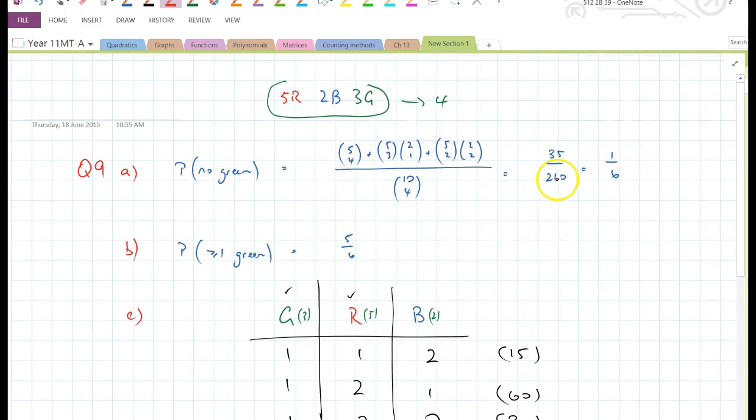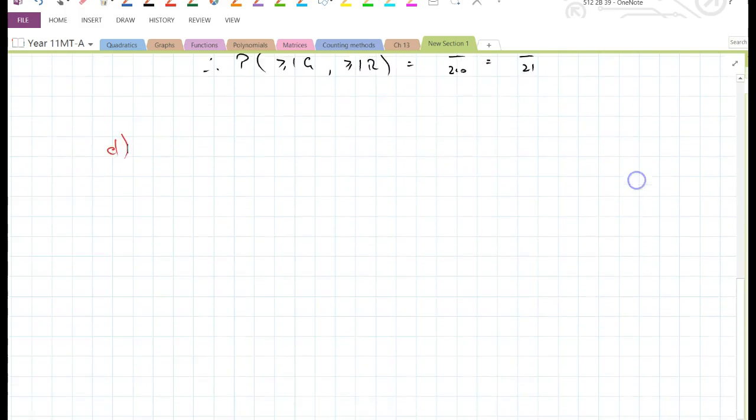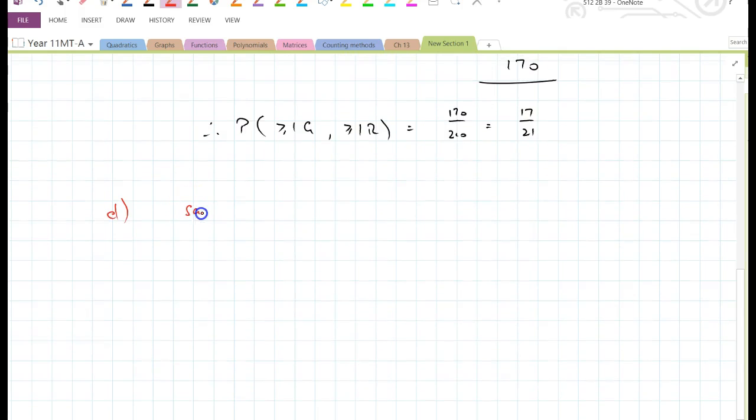So my sample space is reduced from 210 by 35 to 175. I'll write that out: 210 minus 35 equals 175.